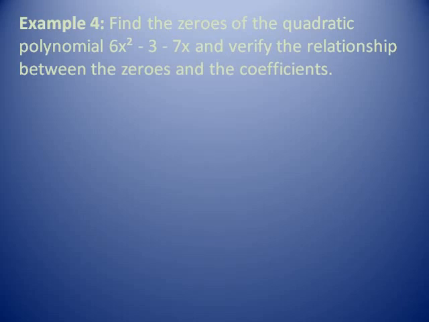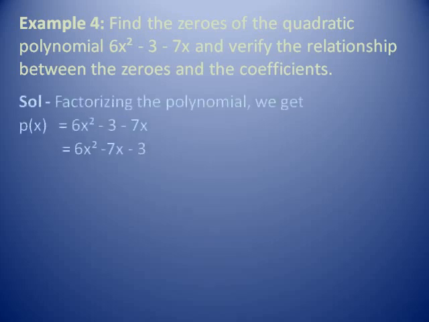Example 4. Find the zeros of the quadratic polynomial 6x square minus 3 minus 7x and verify the relationship between the zeros and the coefficients. First of all, we will factorize the given polynomial p(x) equals 6x square minus 3 minus 7x.